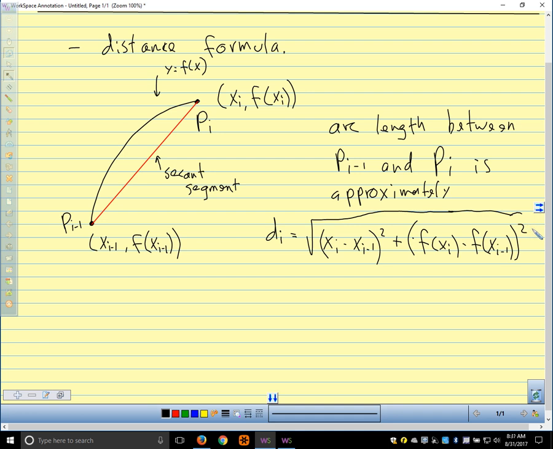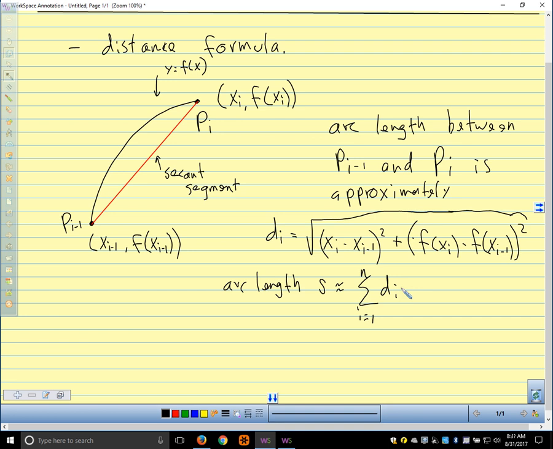So that's our distance formula. And our arc length, S, is approximately the sum, if we break this up into a bunch of pieces, i equals 1 to n of the d sub i's. So we're just going to add up a bunch of these little secant segments and say that's approximately our arc length.